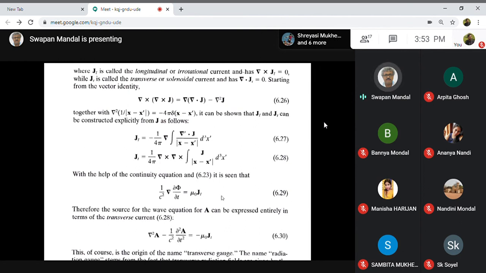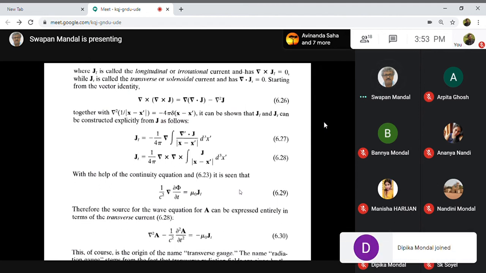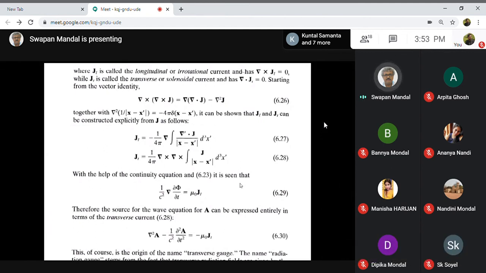We also call it the radiation gauge, because the Coulomb gauge is useful for the quantization of the electromagnetic field or radiation field.